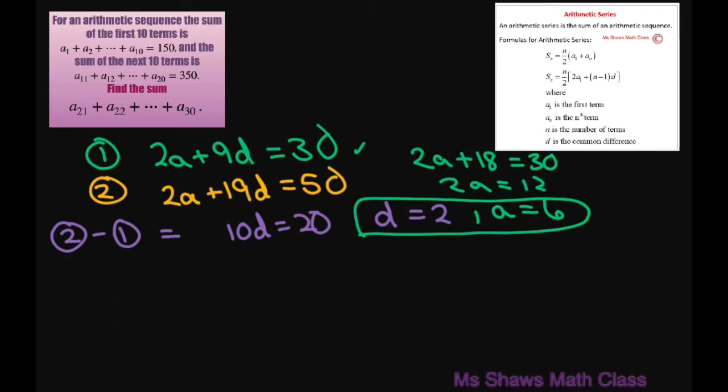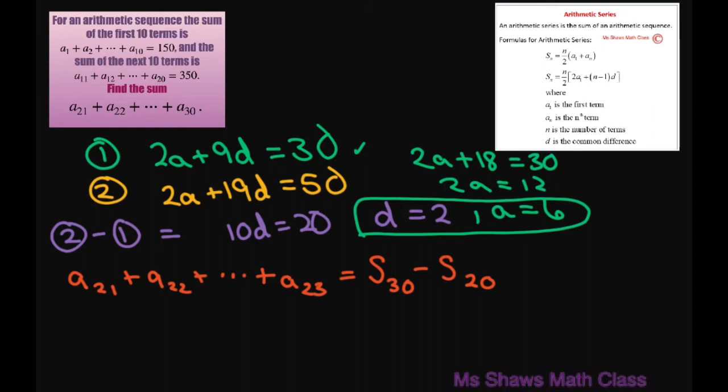Therefore, your next terms, we have a sub 21 plus a sub 22 plus dot dot dot plus a sub 30. That really equals the sum of the first 30 terms minus the sum of the first 20 terms. That gives you that last 10 terms.